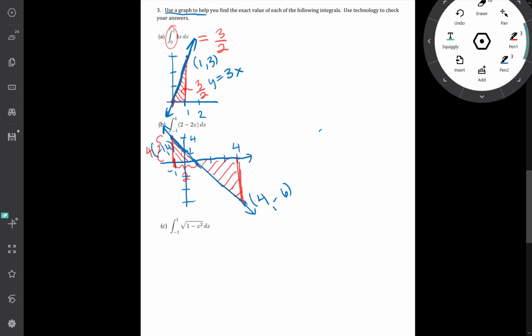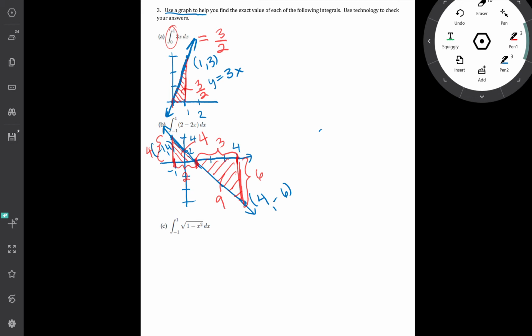So its area is half of 2 times 4, so half of 8, which is 4. The bigger triangle has a base of 3, going from 1 out to 4, and a height of 6, which means 6 times 3 is 18, half of 18 is 9, so we're getting 9.